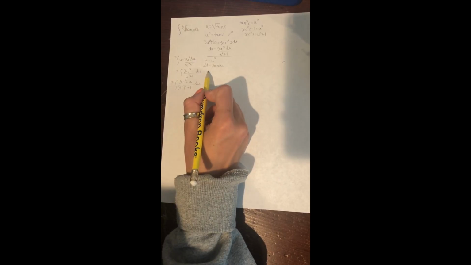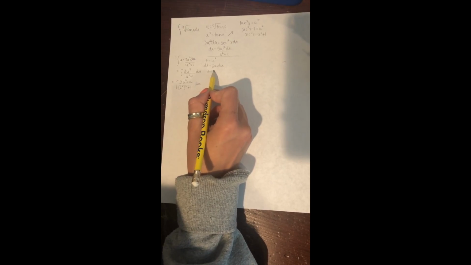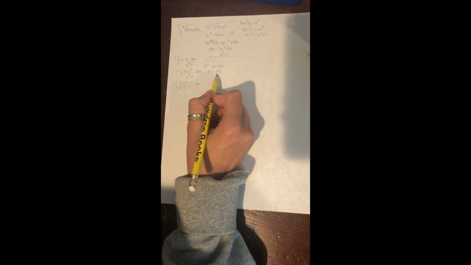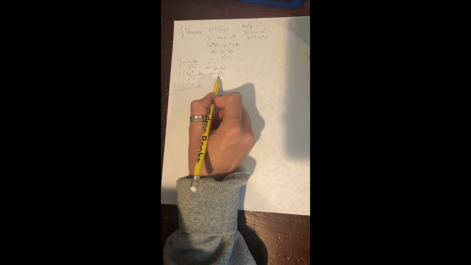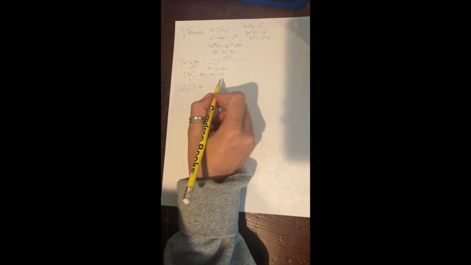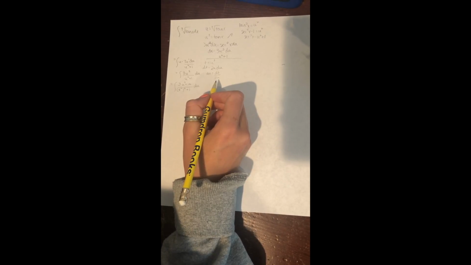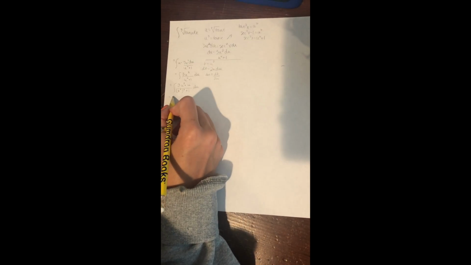Solve for du, which we divide by 2u, so du equals dt over 2u, and now we're going to substitute t into the integral, so it becomes the integral of 3tu divided by t cubed plus 1 times dt over 2u.